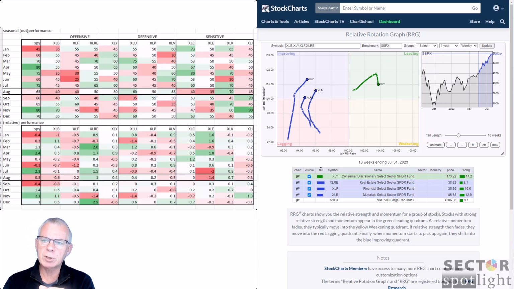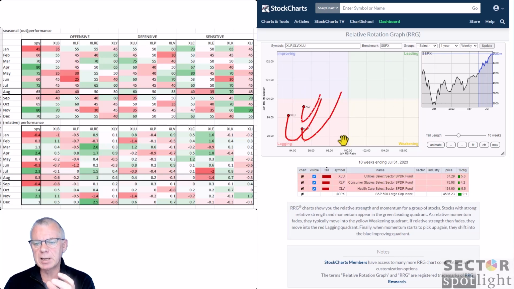Let's move to the group of defense. These three sectors, staples, utilities, healthcare, have been moving in tandem almost the entire year. And that's a good thing because it gives us a coherent view and a coherent idea of what's going on with the group of defense.